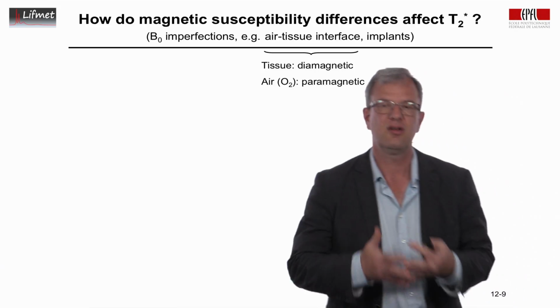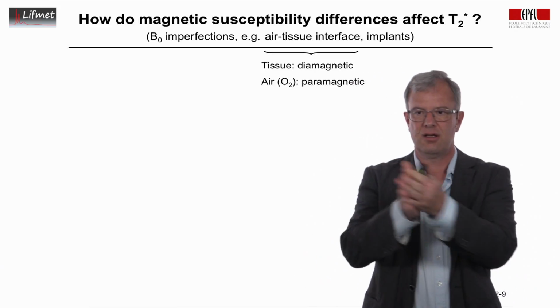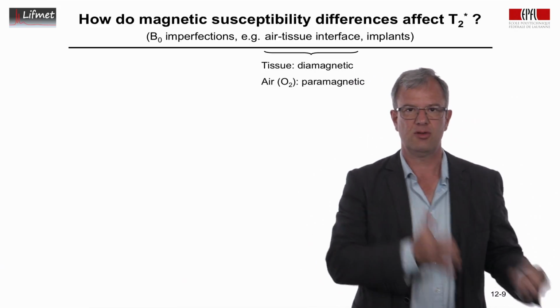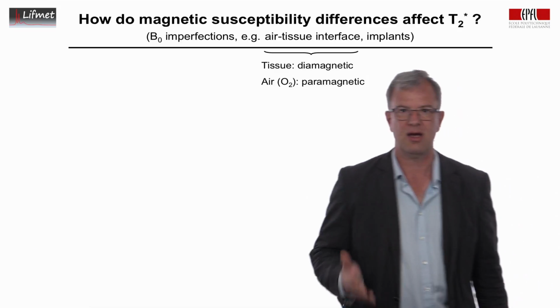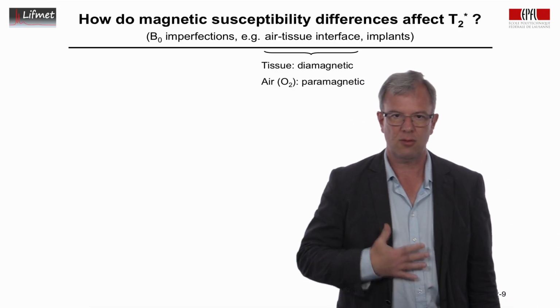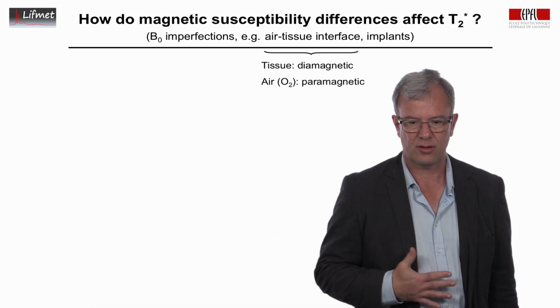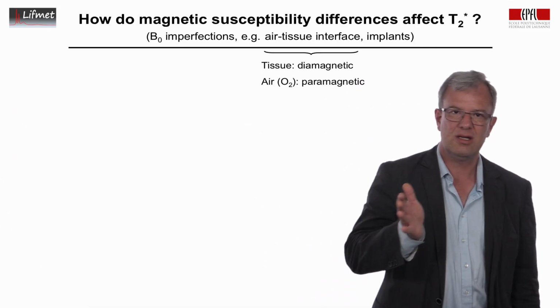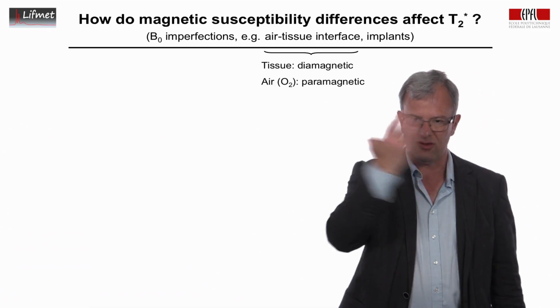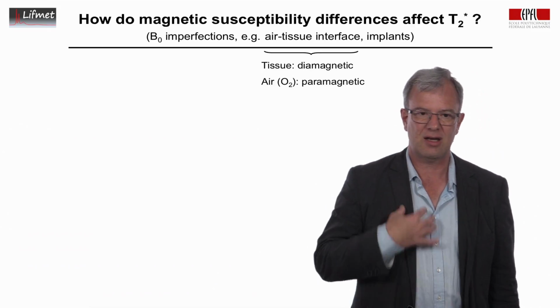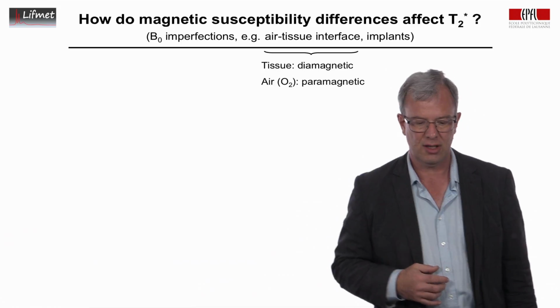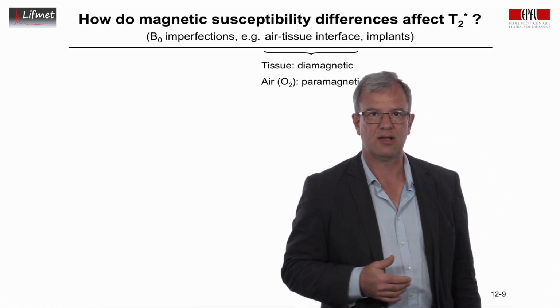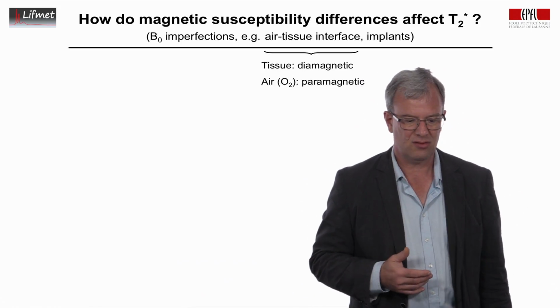We have seen this. 20% oxygen in the air produces sufficient paramagnetism in the air compared to our bodies, which are essentially water and therefore diamagnetic. So we'll have the same kind of transition between the paramagnetic species, which is the air around us, and the diamagnetic surrounding, well, that's our body, that creates changes in delta B0.